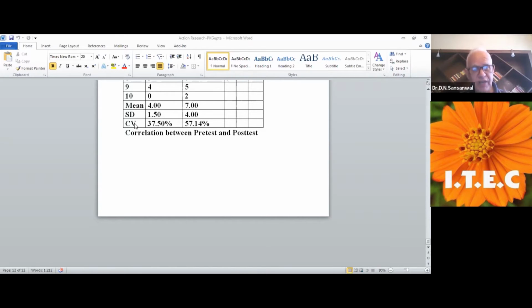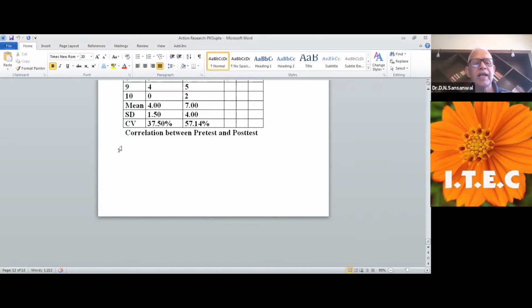Now, if you want to test the hypothesis, then you have to analyze the data with the help of what is known as the correlated t-test.